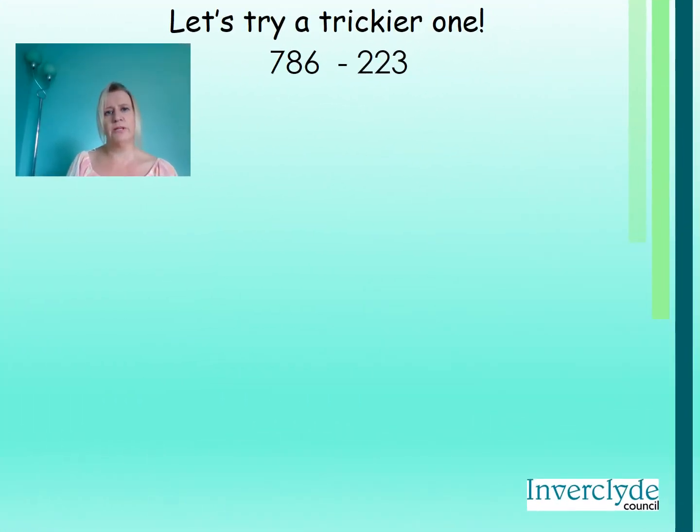Let's have a go at a trickier one. 786 take away 223. Pause the video here, use your empty number line, think about the counting back strategy and come back once you have your answer.